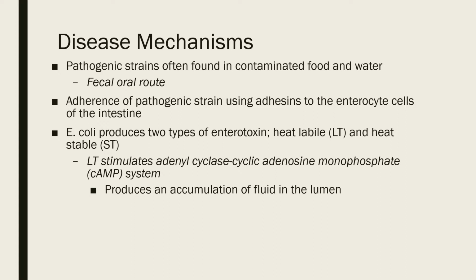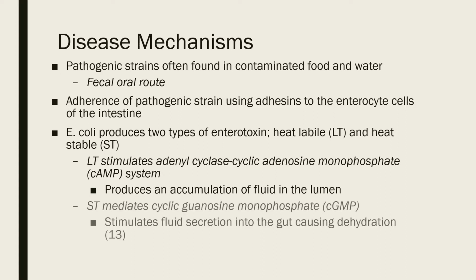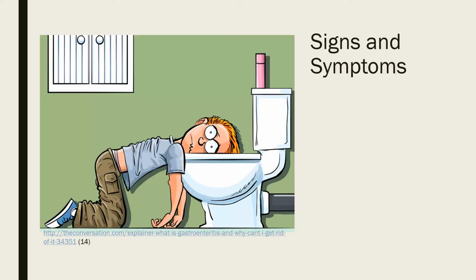That was a mouthful, but basically what this system does when it's stimulated, it produces an accumulation of fluid within the lumen of the intestine. Now, ST mediates cyclic guanosine monophosphate, which basically, if this system is stimulated, it stimulates an extra fluid secretion into the gut, causing dehydration of the tissue in the intestine.